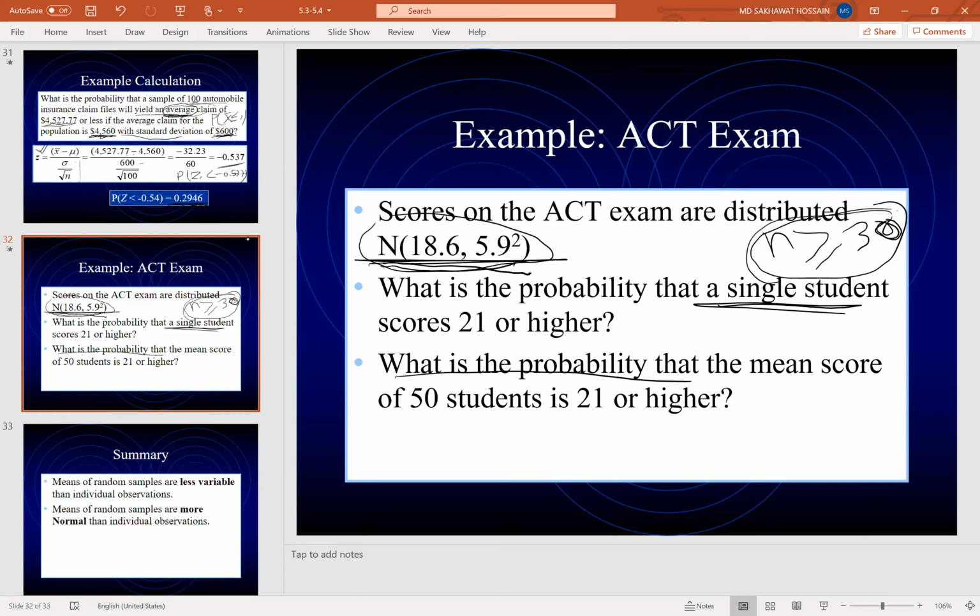For the first one, the random variable is x. For this one, the random variable is X bar, because we are looking for the probability for the mean score of 50 students and the sample size n equals 50. We have the original mean mu and variance equal to 5.9 squared.